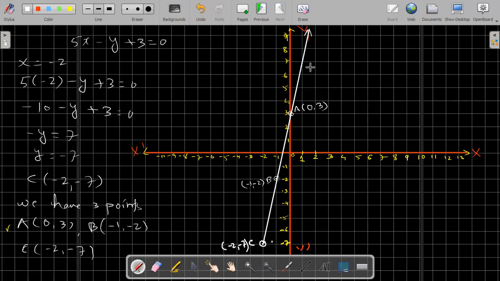Here you should write the equation of the graph. Anywhere on the line you should write the equation like this: 5x minus y plus 3 is equal to 0. Okay, got it?